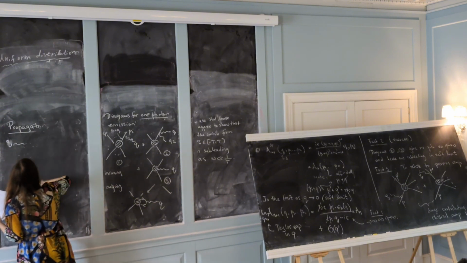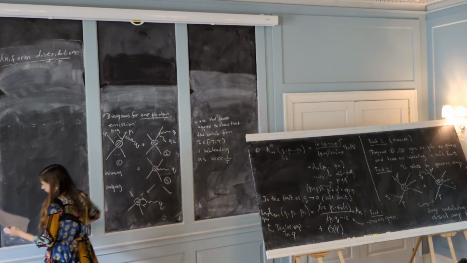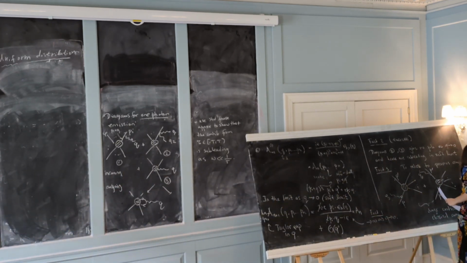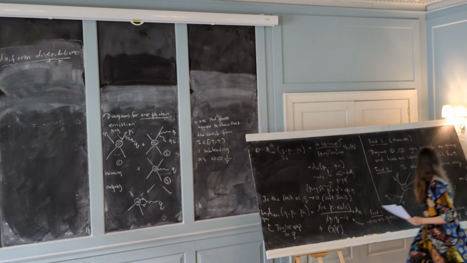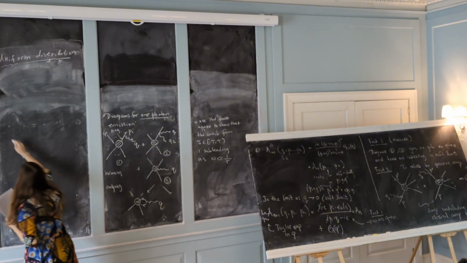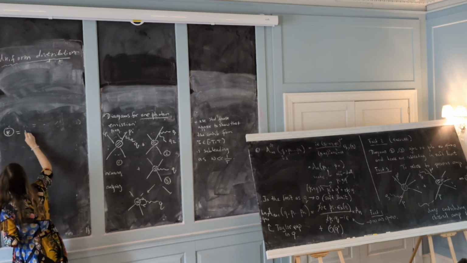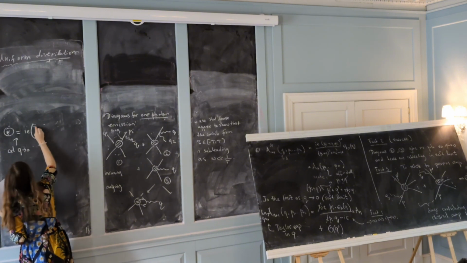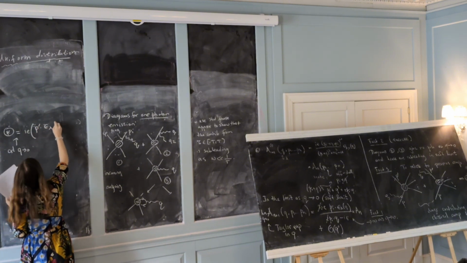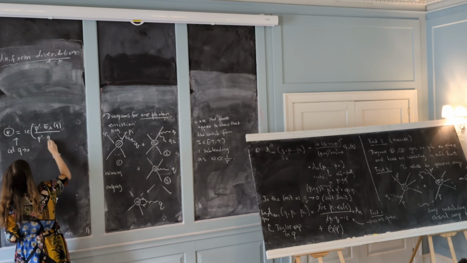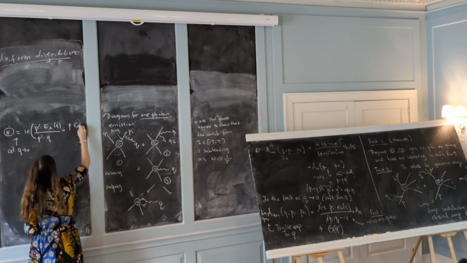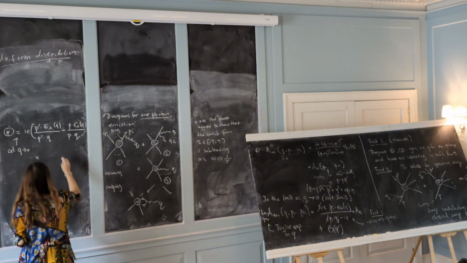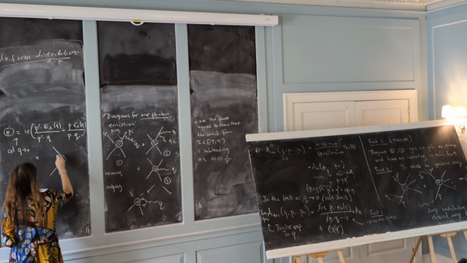So what we find, just in pictures, is that this is equal to, as q goes to 0, ie (p prime dot epsilon lambda q divided by p prime dot q minus p dot epsilon lambda q divided by p dot q) times the amplitude where we don't have this photon anymore.